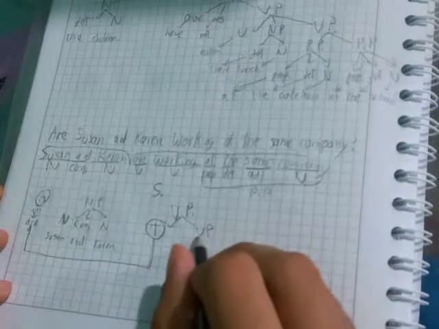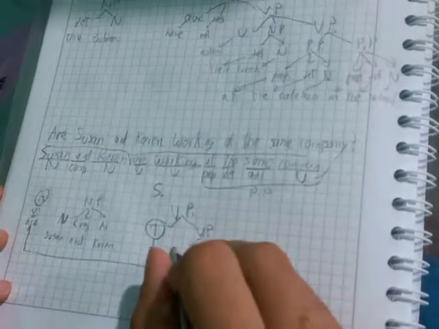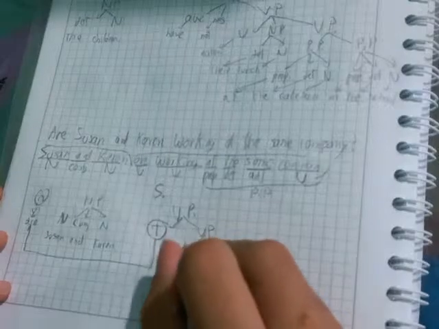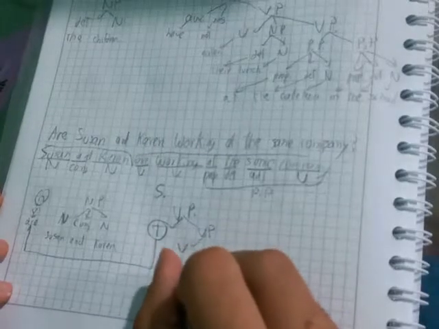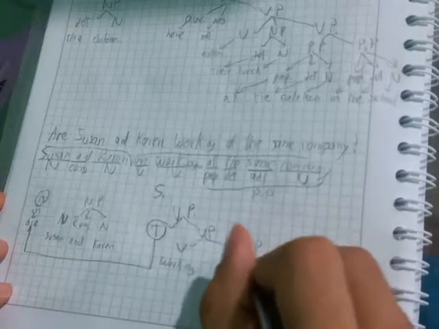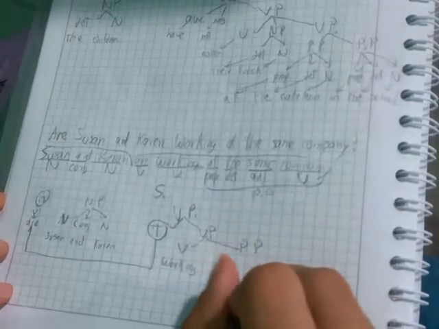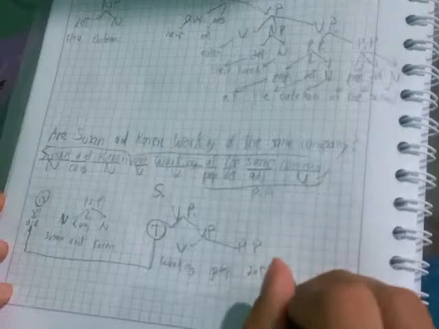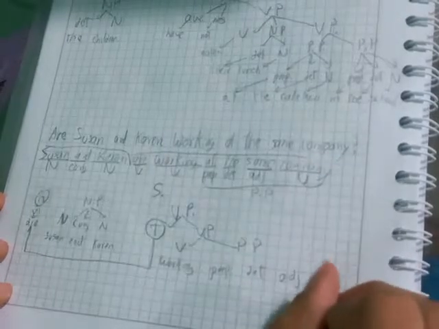We have here the second verb that is working, and we got here the prepositional phrase that has the preposition, the determiner, the adjective, and the noun.